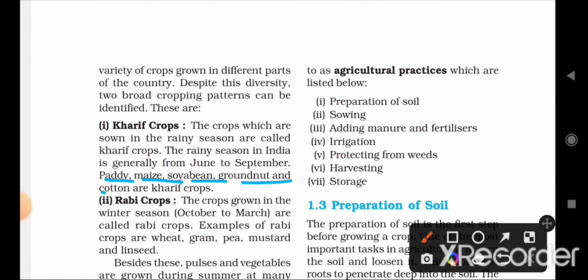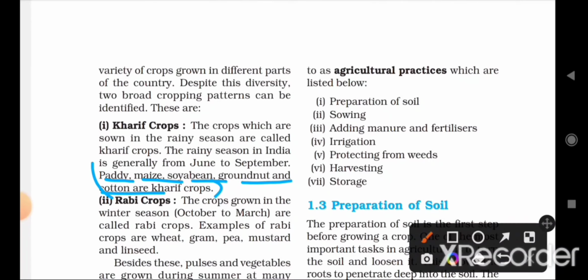These are the types of crops that are grown in the rainy season. These are very important points. How to remember: Kharif crops grow in the rainy season, from June to September, and paddy, maize, soybean, groundnut and cotton are Kharif crops.